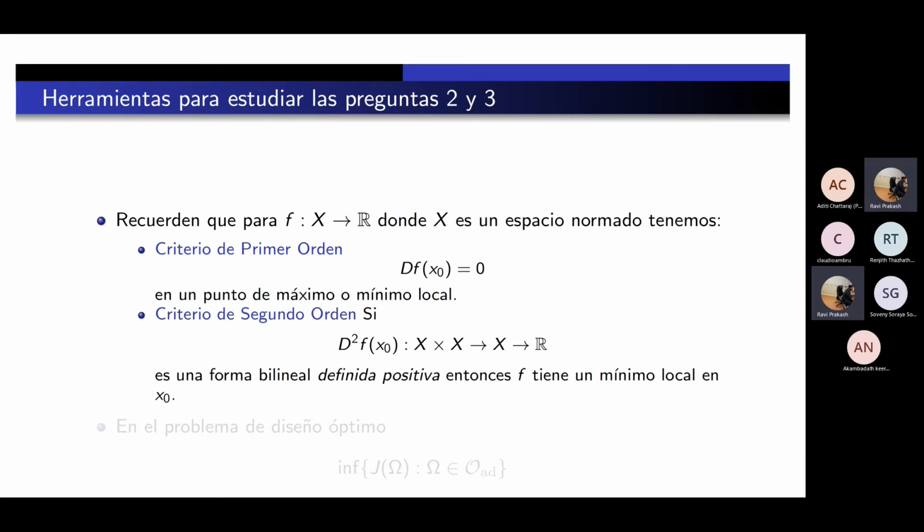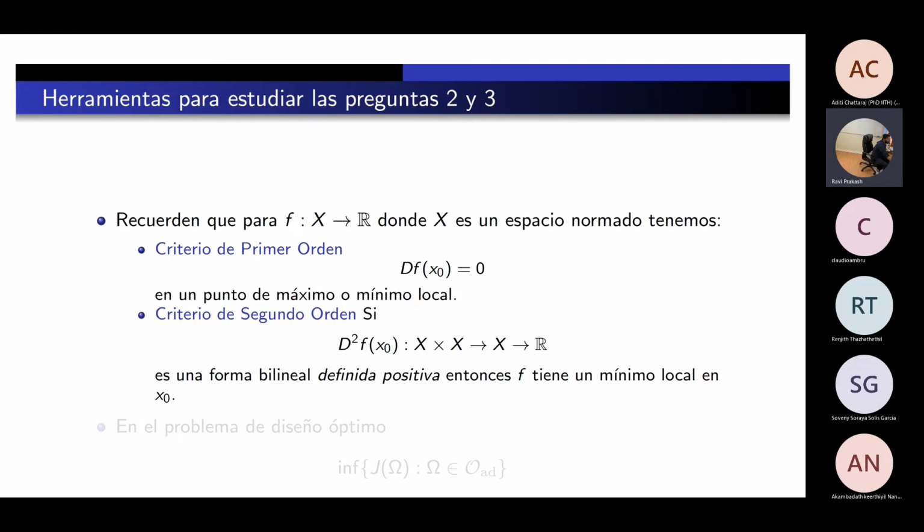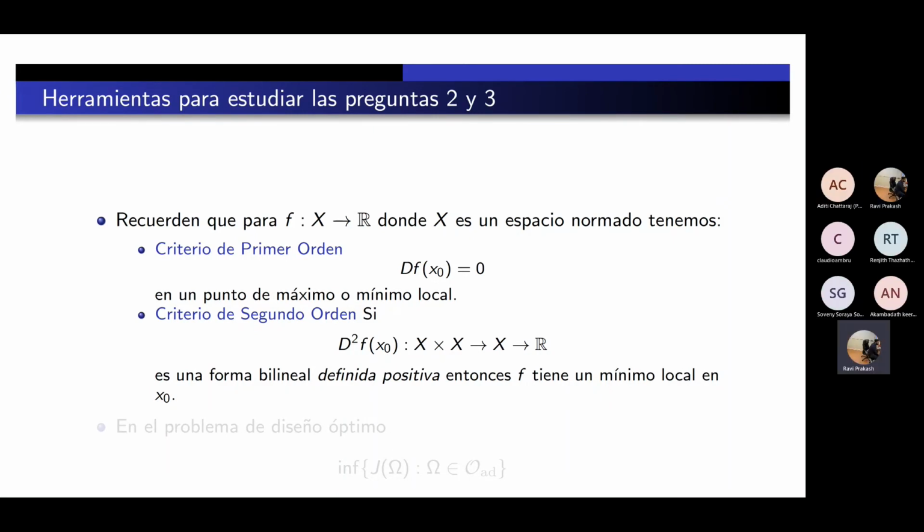So f is a function on some normed space. f is Frechet differentiable at x0 if f is approximately equal to f of x0 plus L of x minus x0 in a neighborhood of x0, where L is a linear functional from the space to the reals, since we are talking about real valued functions because we are talking about minimum and maximum.